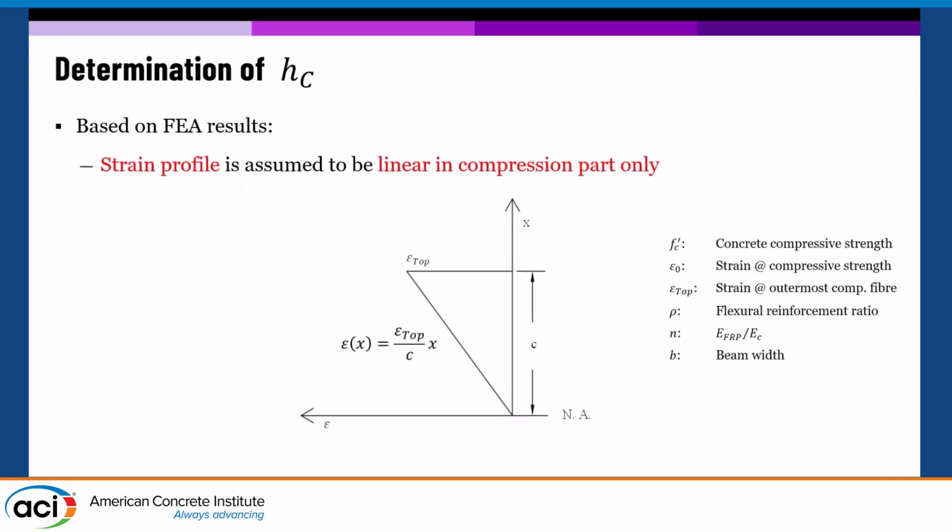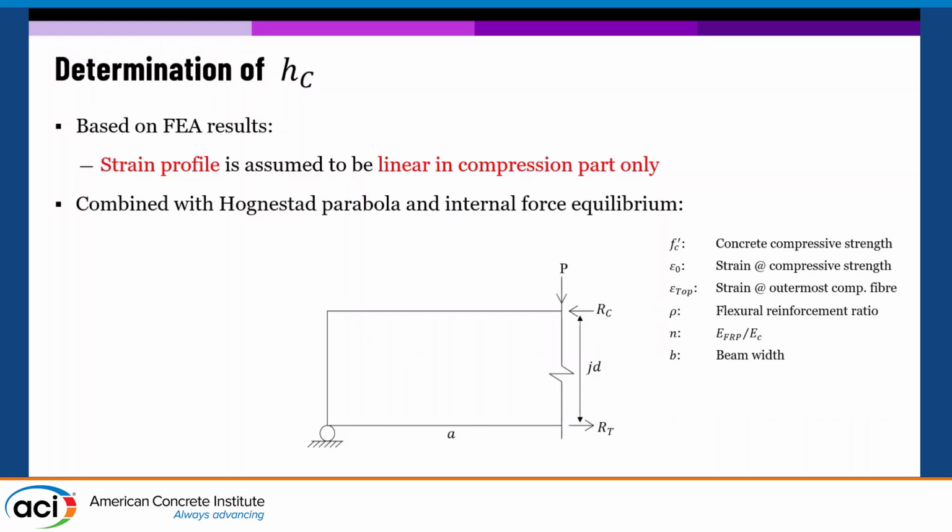So strain profile is assumed to be linear in compression part only. And then we use Hognestad parabola and internal force equilibrium. I would like to point out here, Hognestad parabola is the model for concrete in compression, very commonly used. We used also other models. This is not so detrimental.